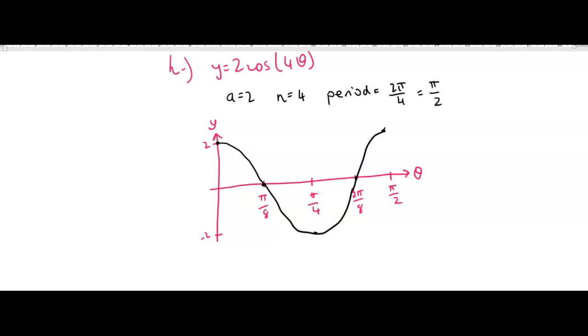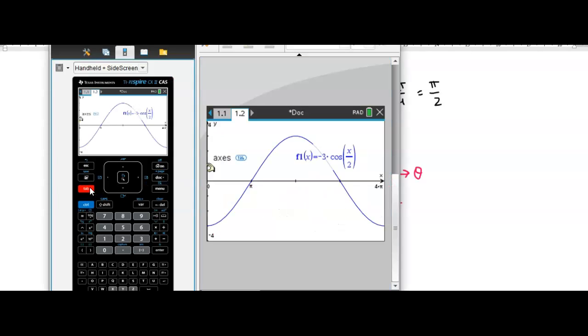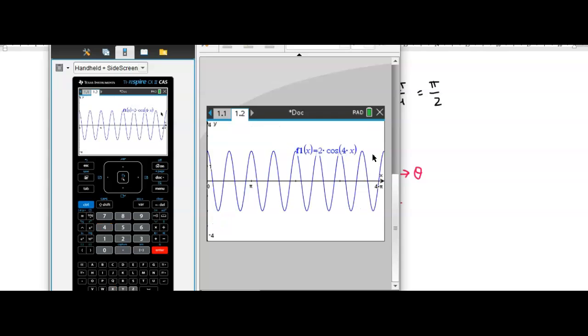All right, so let's quickly draw that on CAS. So I'm just going to change this. So 2 cos 4x, there it is. Now we need to think about our period.